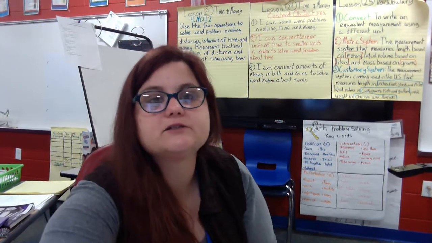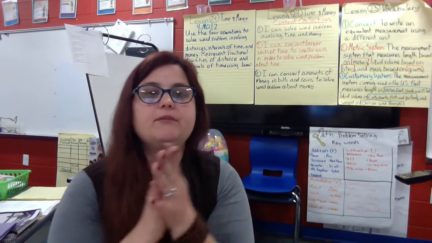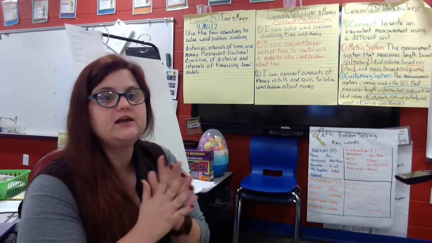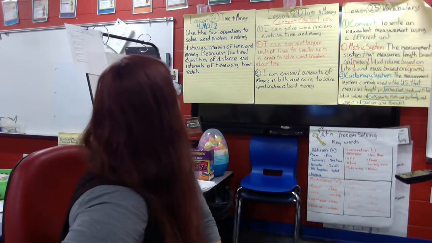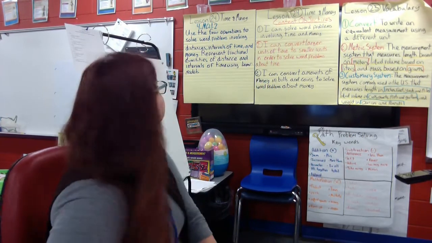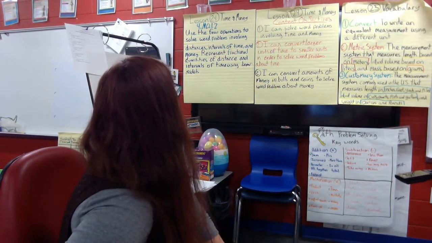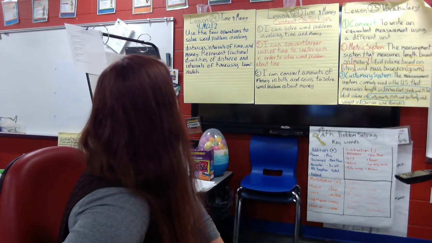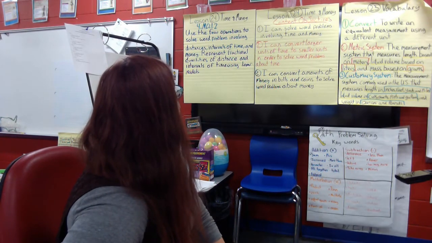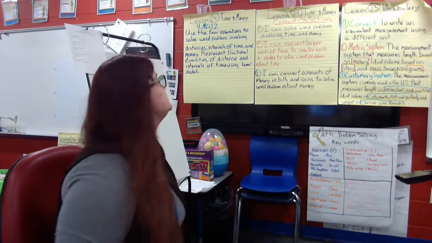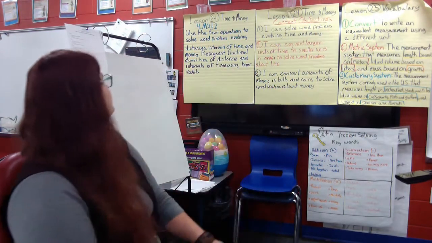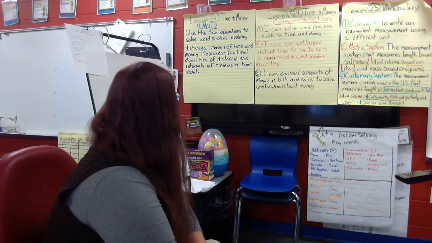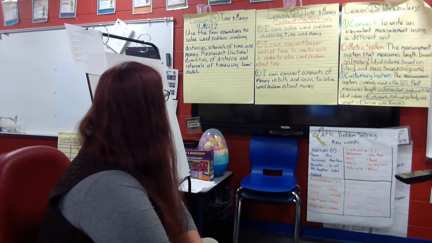So we are on lesson 24, time and money. If you will see, we have our standard for this lesson, which is 4.MD.1.2. Use the 4 operations, addition, subtraction, multiplication, and division, to solve word problems involving distances, intervals of time, and money.